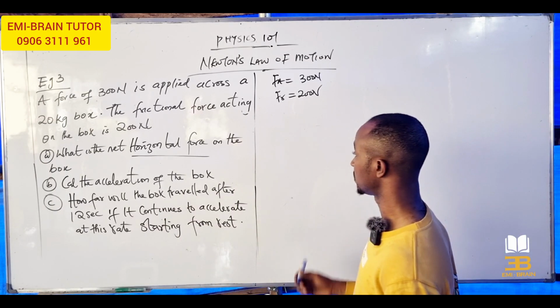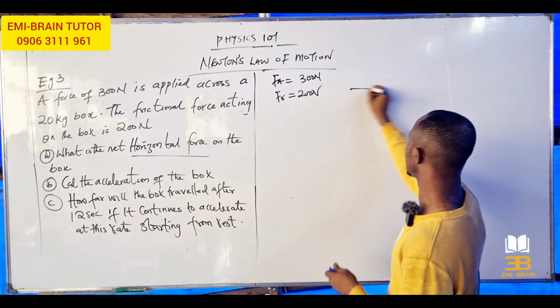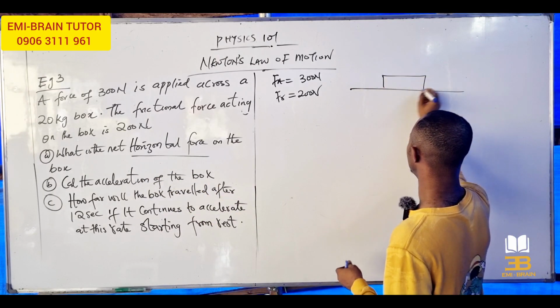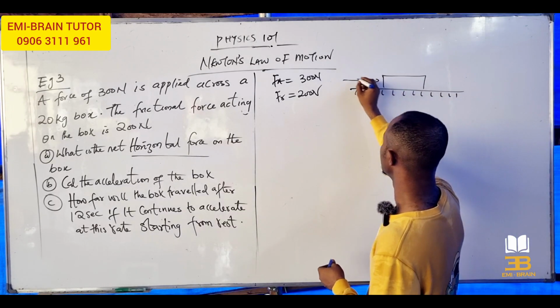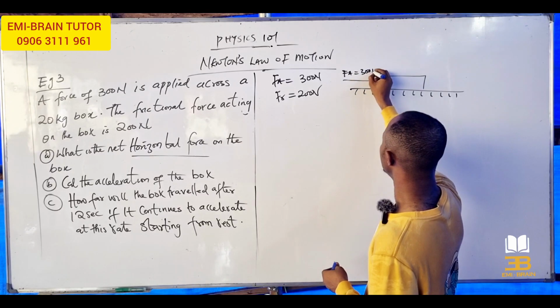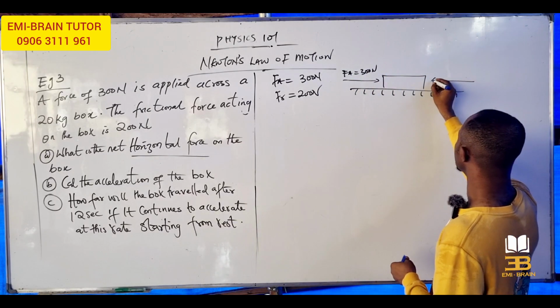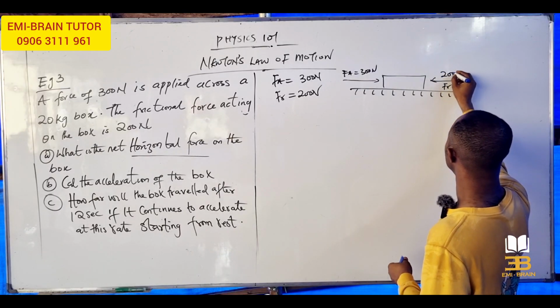Since we are told to find the net horizontal force, that means this body is kept along the horizontal axis but on a rough surface. So we are told that the applied force is given as 300 Newton. The resisting force, the force that tends to resist the motion, is given as 200.